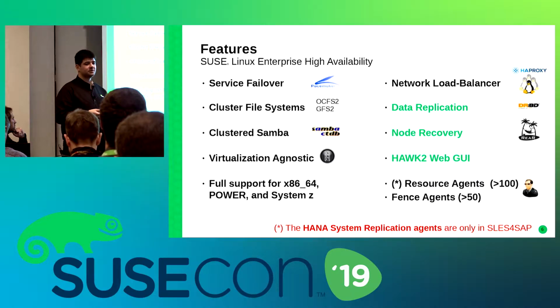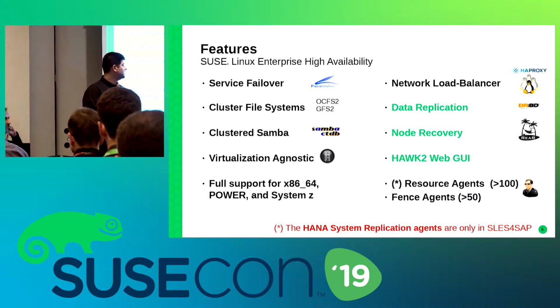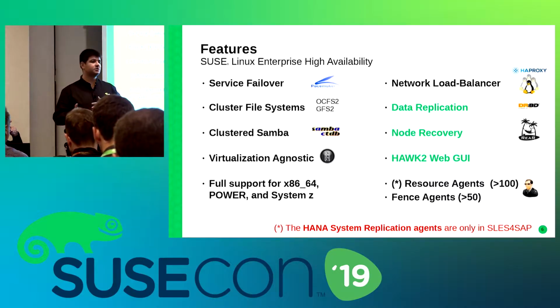In the SLES for SAP case, it's only supported for Power and Intel, but if you want the HA extension purely, you can also have it for Z. You have a load balancer, HAProxy, which is very famous. You have data block replication, and disaster recovery with ReaR. You have the Hawk Web UI, and more than 100 resource agents and fence agents. So it's more than only SAP features, and you can combine these for different purposes, but of course for SAP as well.